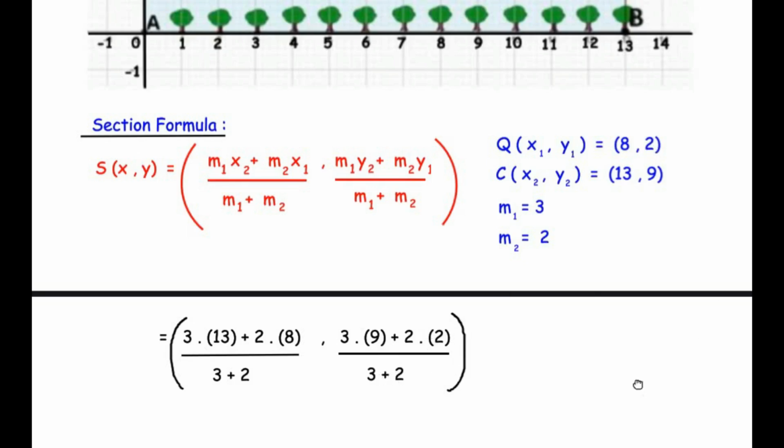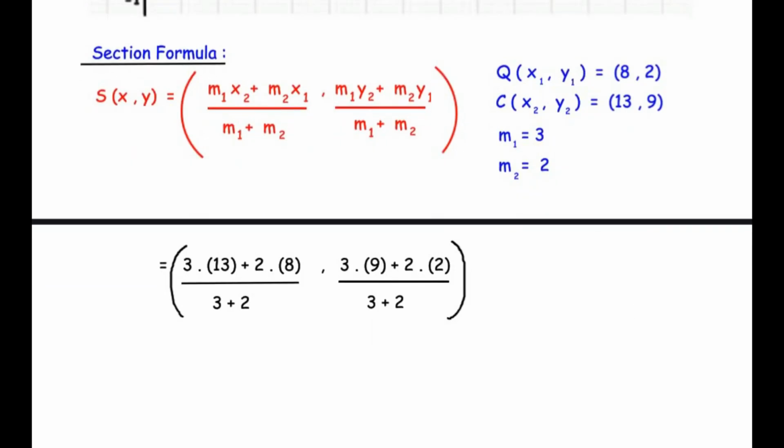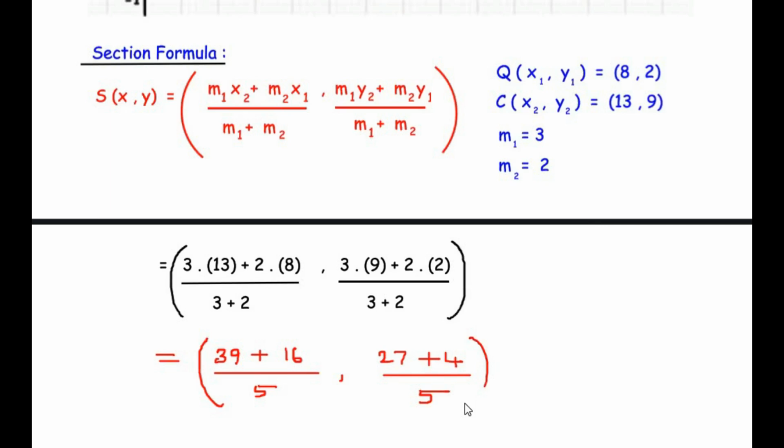Now let us simplify this further. So here in the numerator we get 3 times 13 is 39 plus 2 times 8 is 16, divided by 3 plus 2 is 5, and 3 times 9 is 27 plus 2 times 2 is 4, divided by 5. Now finally let us add the numerators.